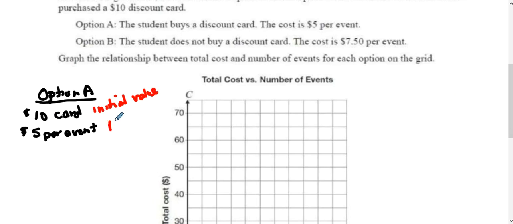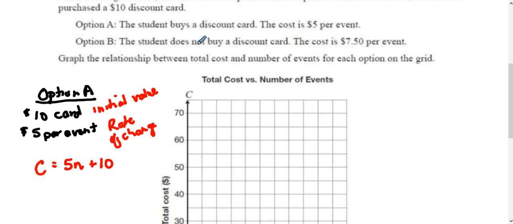And this is my rate of change, because that's how much is changing per event. So the cost would be $5 per event plus 10. We're going to actually put that on the graph.